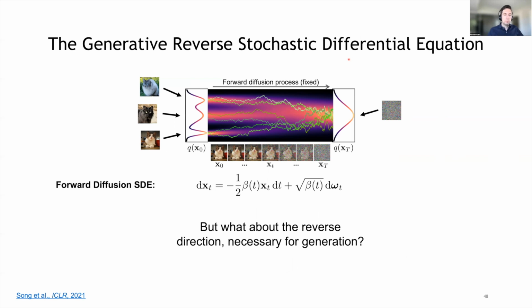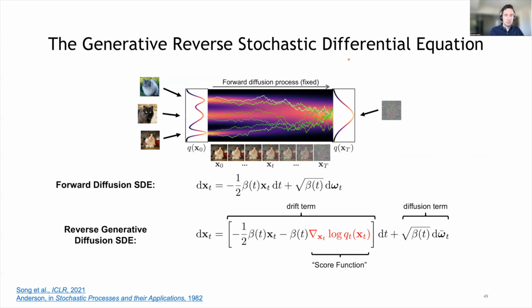So great, we have now talked about the forward diffusion process, but what about the reverse direction, which is necessary for generation? Can we also have some differential equation that describes that? It turns out yes.